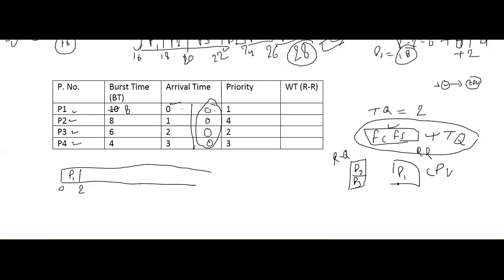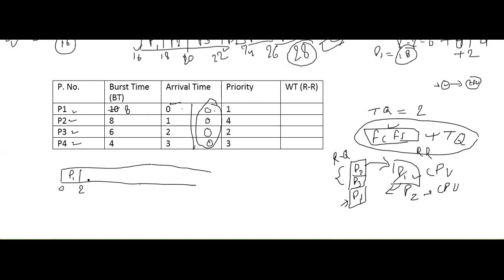Since P1's time slice has expired, P1 wants to go out of the CPU, and since I have two processes waiting, I require selection. On the basis of first come first serve, P2 will enter. So P1 goes into the ready queue and P2 enters the CPU.